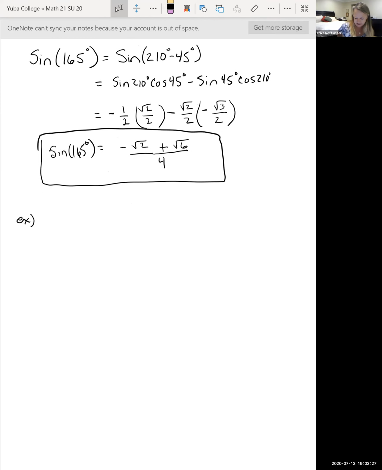So for instance, cosine of 3 pi 8s, and it said use half angle to solve.